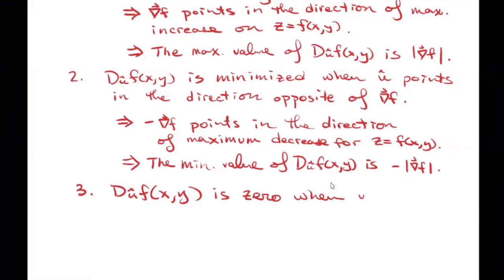So when u is perpendicular to the gradient of f. So the slope would be 0 here. So the slope is 0 in this direction.